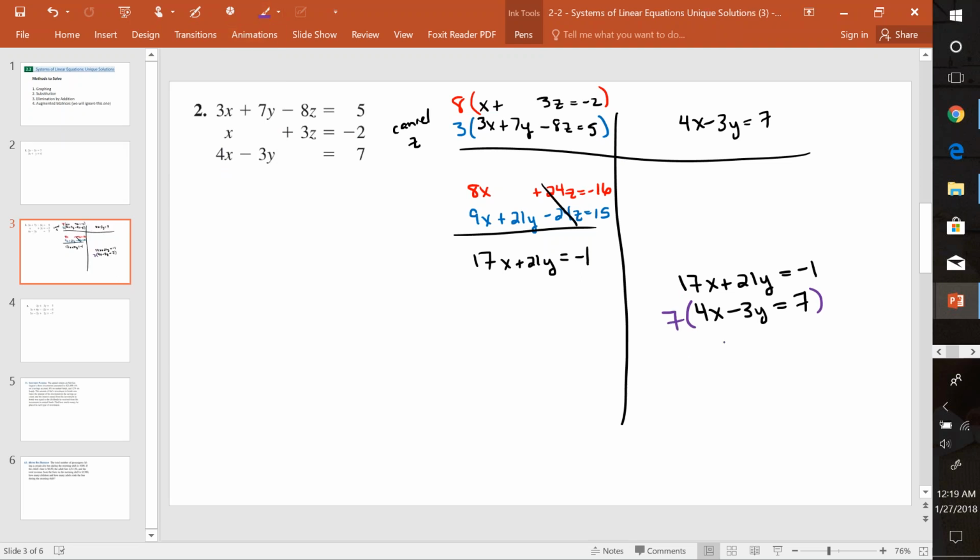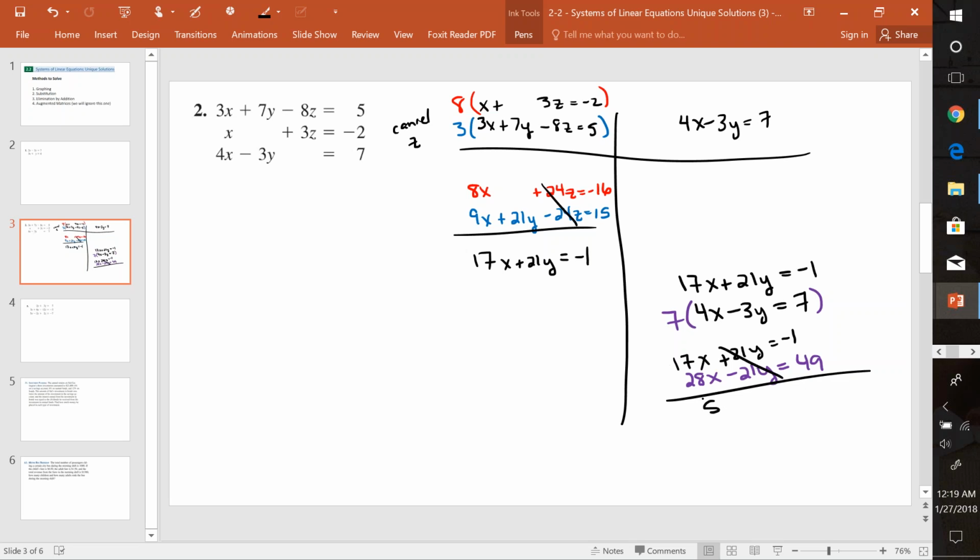Now let's see what that gives us. That would be 28x minus 21y equals 49. And then my other equation was 17x plus 21y equals negative 1. If we add the columns, the y's cancel out.